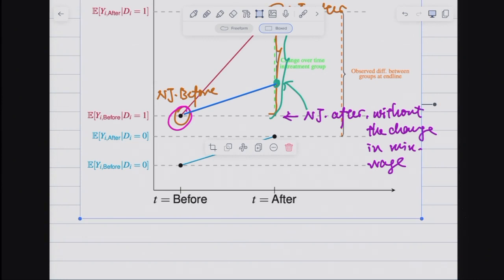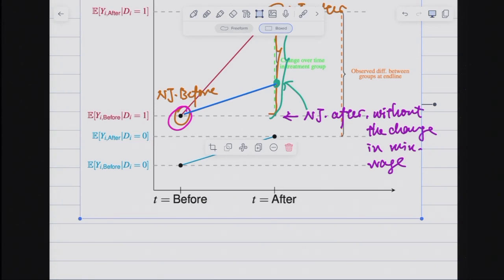Given that everything on the right-hand side of the equation is observed, and we also have the untreated state corresponding to the baseline observed for the treatment group, the only thing left unobserved, which is highlighted in pink, can be recovered using the rest of the three through this equality sign. So this is basically how we can recover the ATT in this situation.